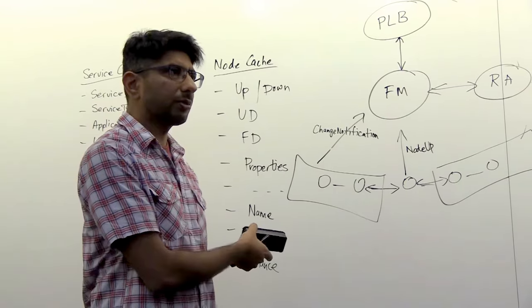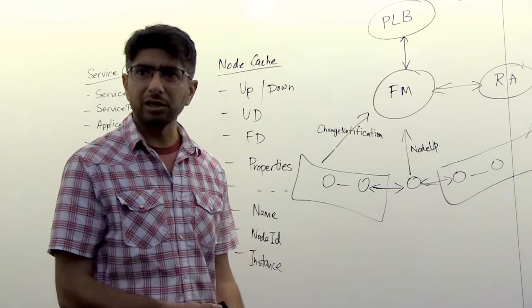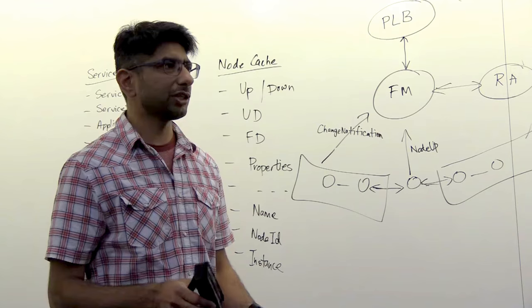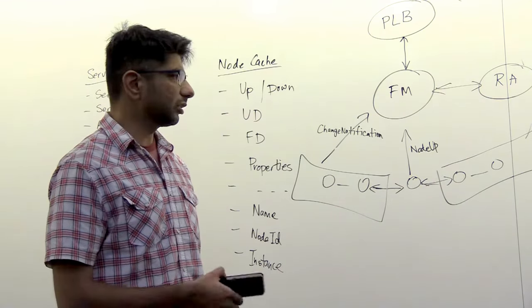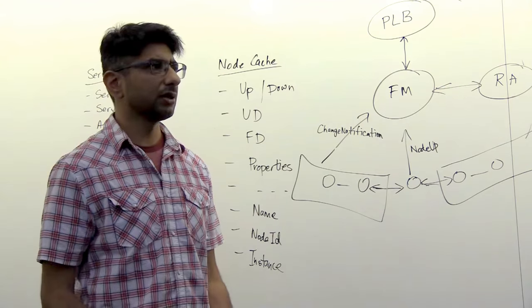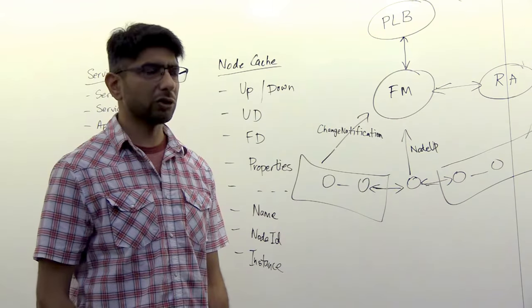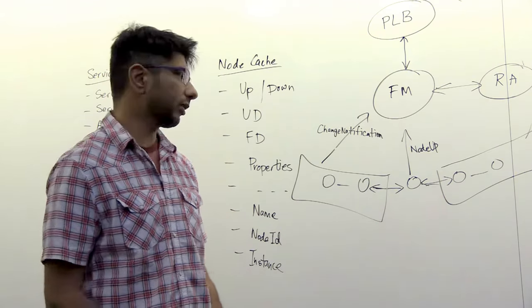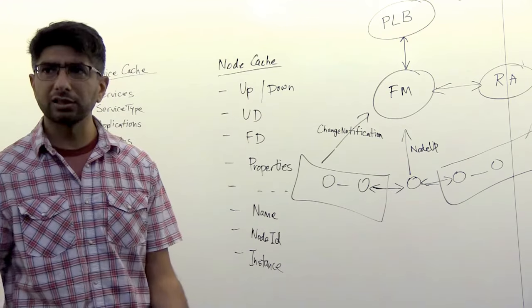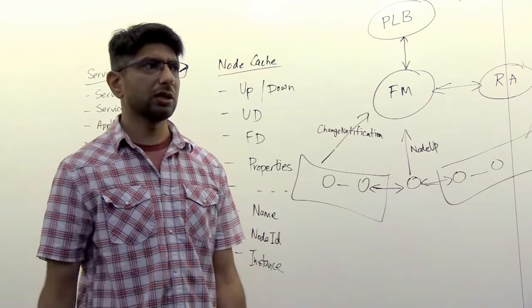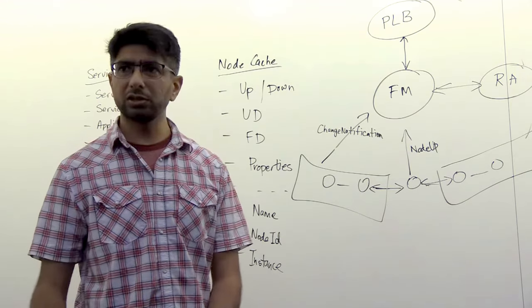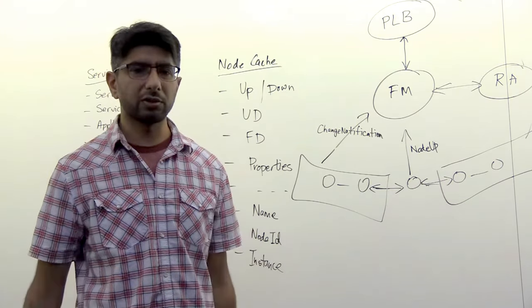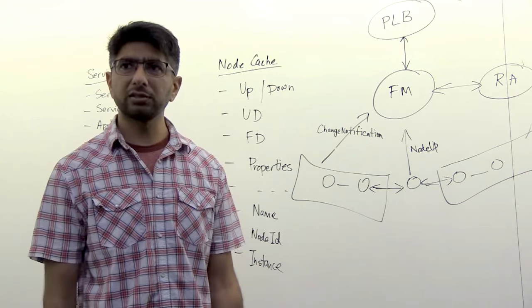I mentioned fabric upgrade, application upgrade, and also the patching of the node or the OS upgrade, etc. It's pretty much the same algorithms that run, but if I just pick application upgrade as an example, the upgrade request comes to FM saying this is the new version, and we have an upgrade specification.